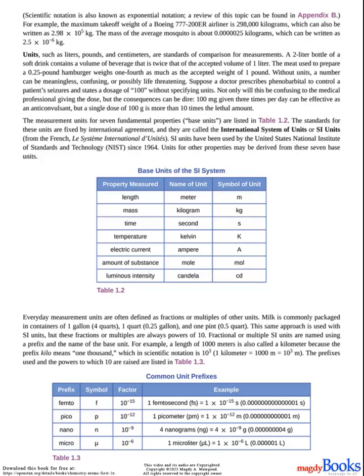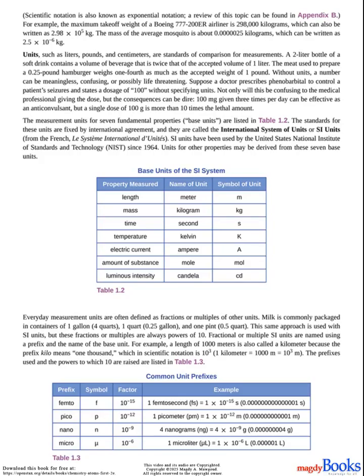For example, a length of 1,000 meters is also called a kilometer because the prefix kilo means 1,000, which in scientific notation is 10 to the power of 3. 1 kilometer equals 1,000 meters equals 10 to the power of 3 meters. The prefixes used and the powers to which 10 are raised are listed in Table 1.3.